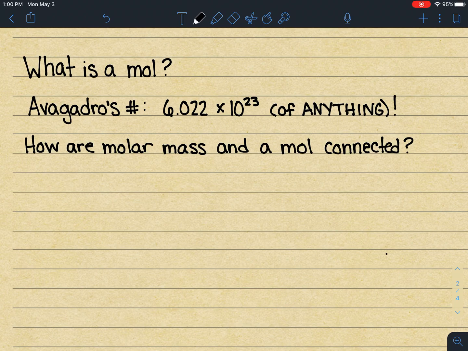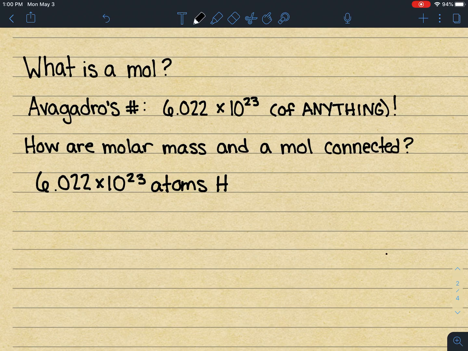So I'm going to just write that down. Now my question would be, well, that's fine, but if I'm in lab, how am I actually going to measure that? Because I don't have anything right now that could measure in atomic mass units, and I don't have anything that can measure individual atoms.